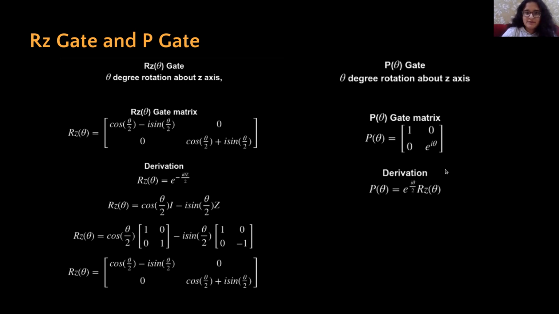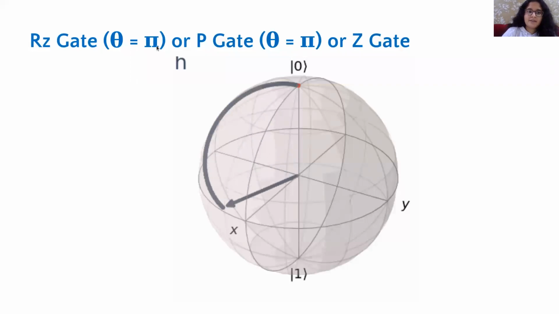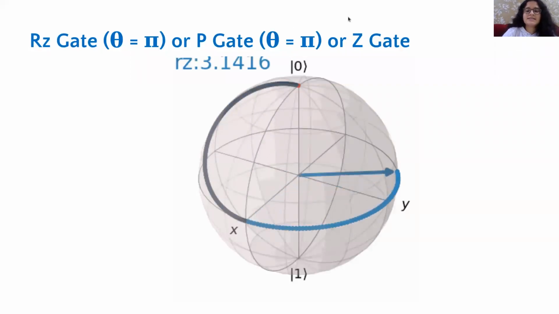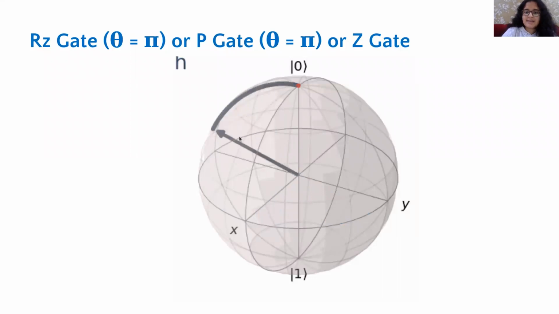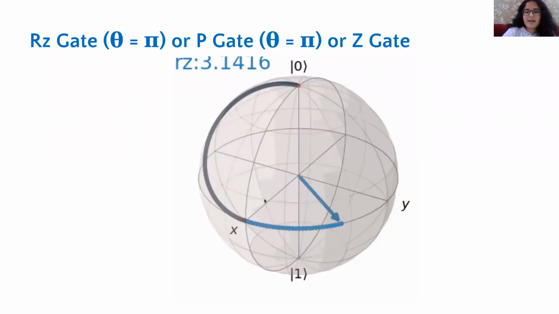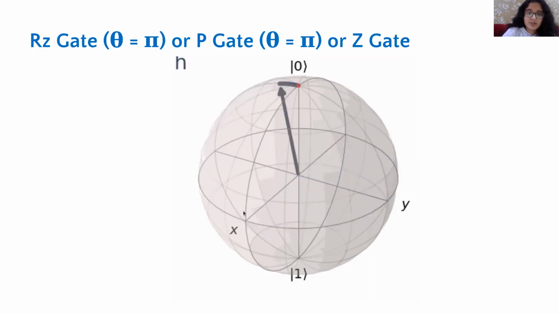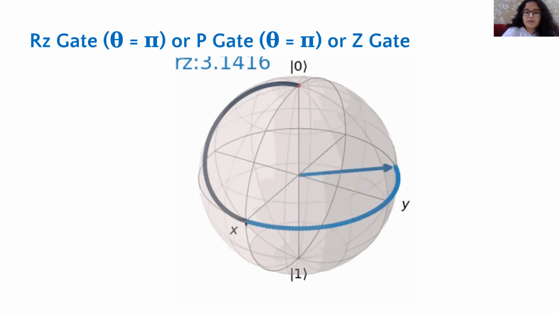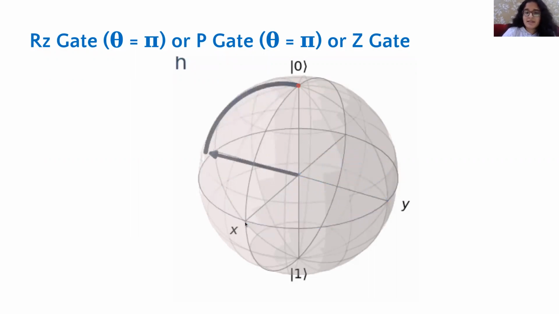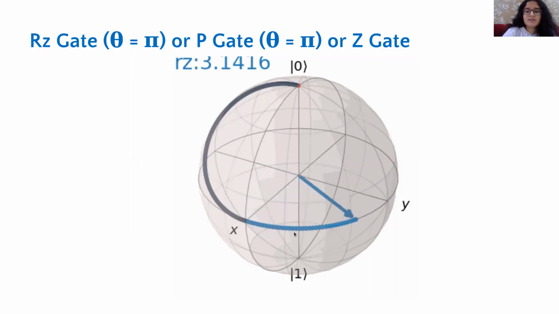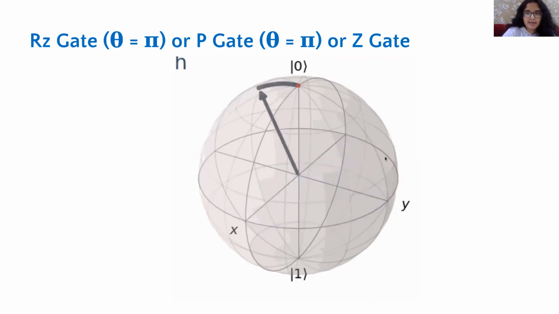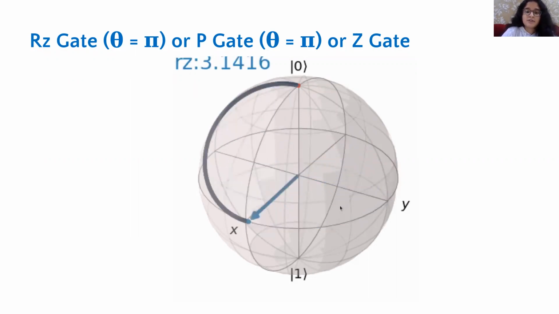So let's put different theta values and see the results. If we put theta to be pi for the RZ gate and the P gate, then it's something similar to the Z gate, as shown in this Bloch sphere. Again, I'm emphasizing we are first applying the H gate because we want to apply our Z gate on the ket plus state, because that is a state on which we can visualize it as a rotation like this, and we cannot visualize it like this if our initial state is ket 0, which is the default state in Qiskit.